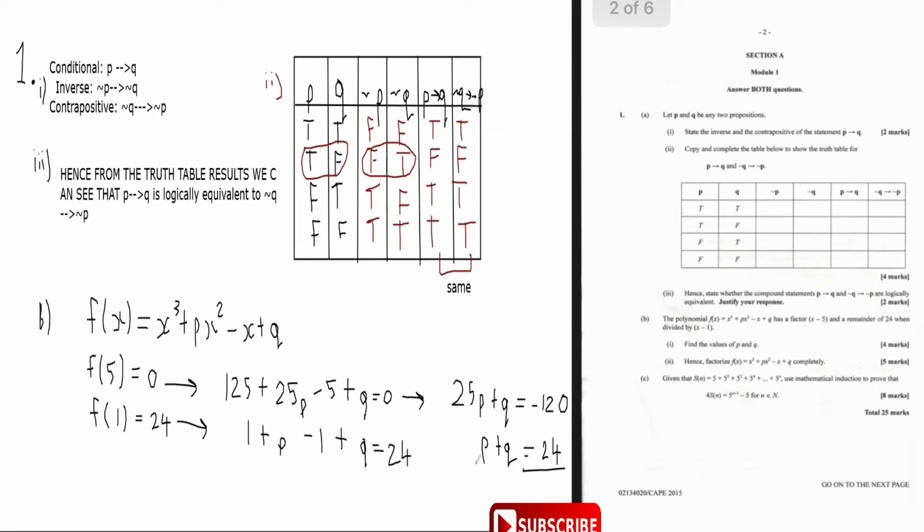You can go ahead and then just subtract these two equations that you've generated. By subtracting these two equations, you're going to get 25p minus p is 24p. Subtracting them, q minus q is gone. Minus 120 minus 24 is minus 144.